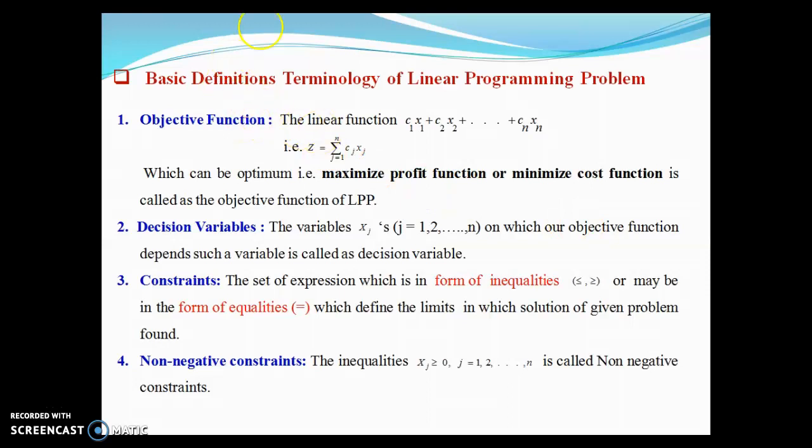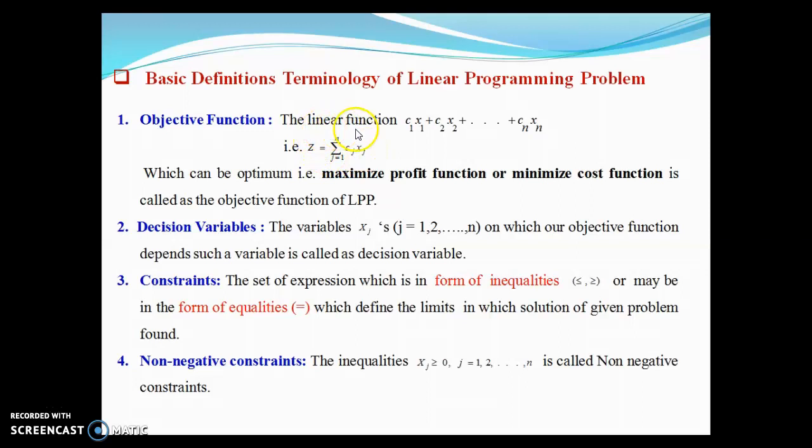The objective function is defined as the linear function already defined in the first slide, that is c1 x1 plus c2 x2 plus and so on plus cn xn. This is the objective function, or you can write z, either maximize or minimize, z equals summation j equals 1 to n of cj xj.